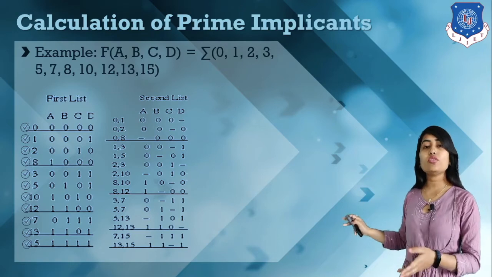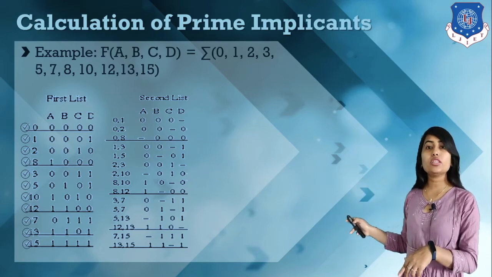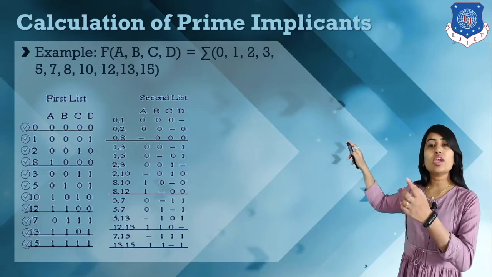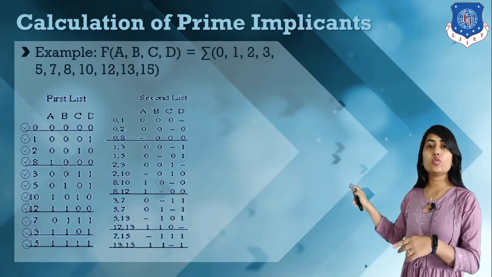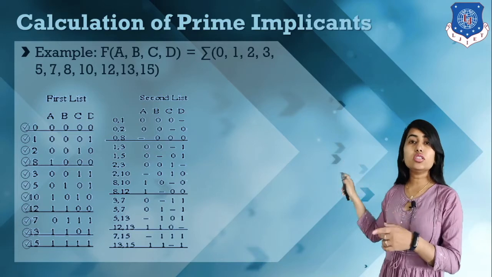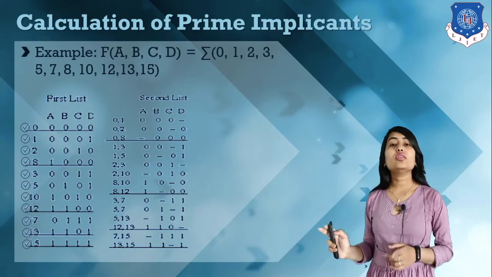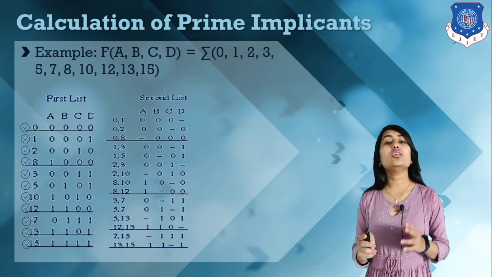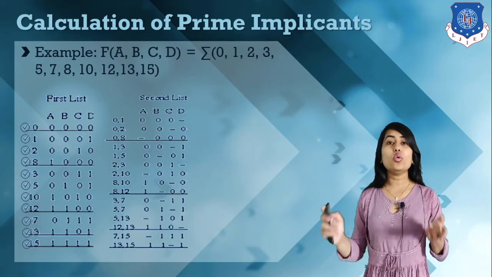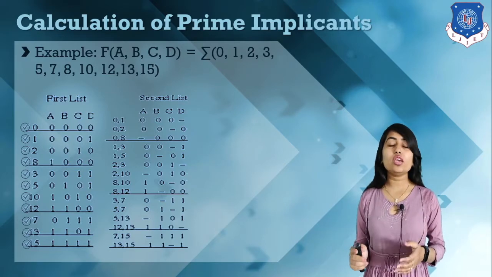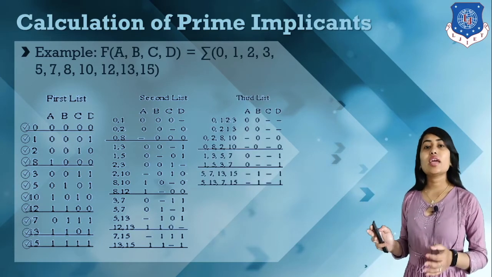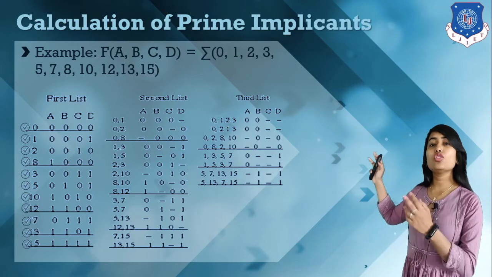Now we have to compare again, repeat the procedure and make a next table. We compare the successive group table, and check the entries in which all the bits are the same and only one bit differs. Here in the next table we can first compare 0 1 2 3.